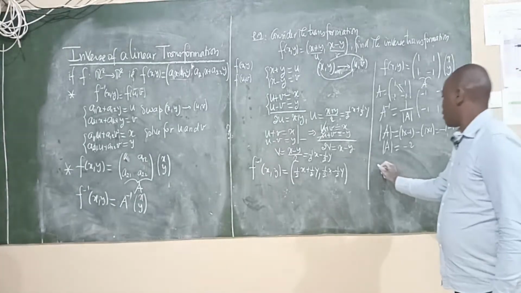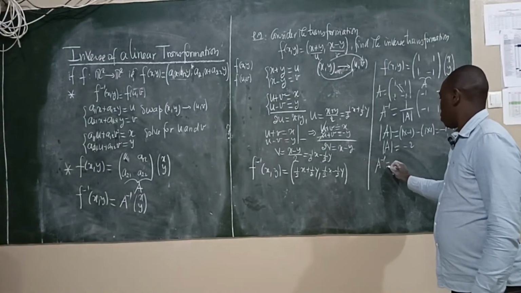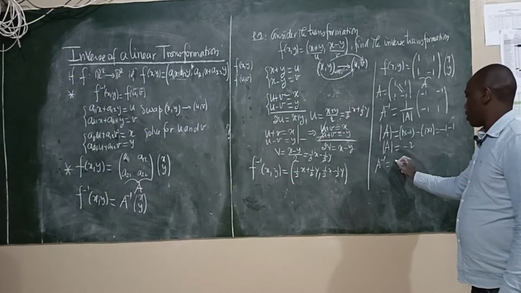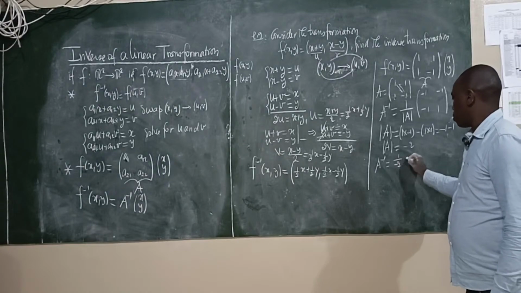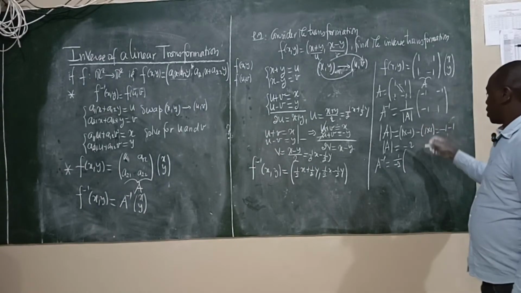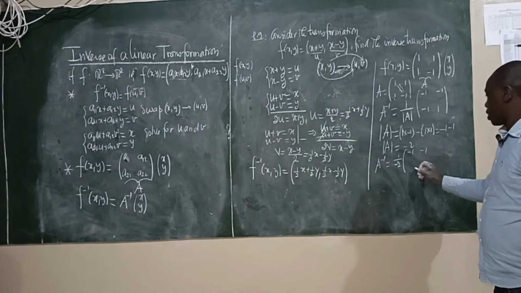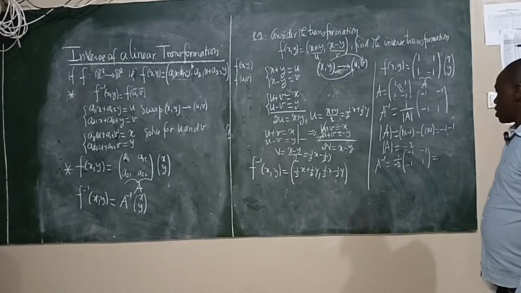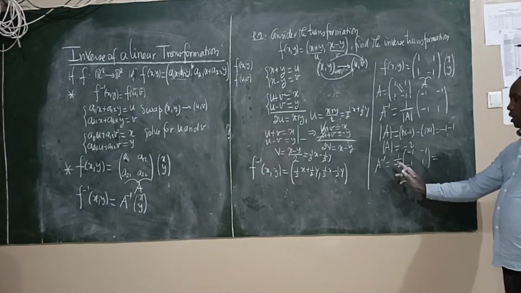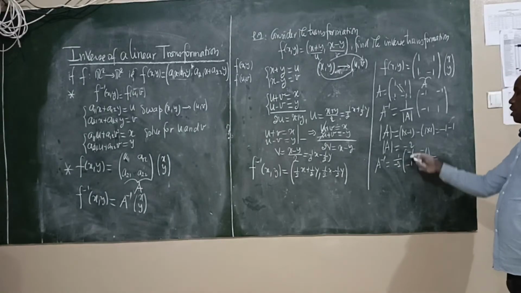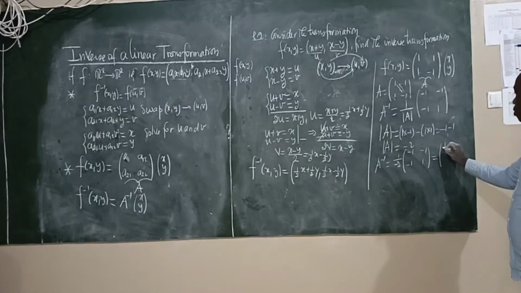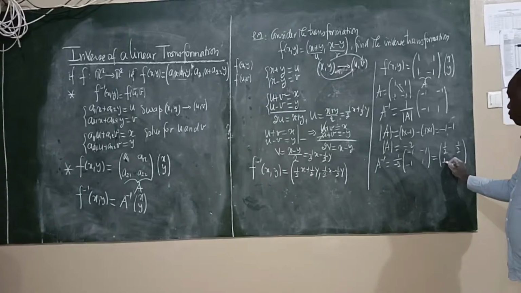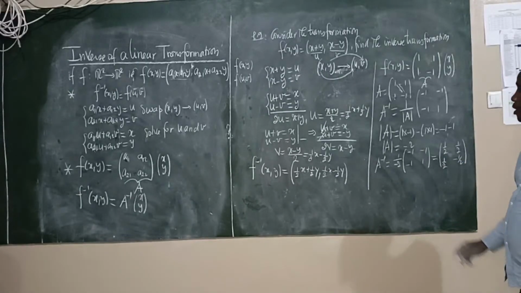So the inverse is going to be 1 by minus 2 times this matrix. Here is minus 1, here minus 1, here minus 1, and here 1. We are going to multiply this minus 1/2 inside here. This will be 1/2, here 1/2, here 1/2, and here minus 1/2.